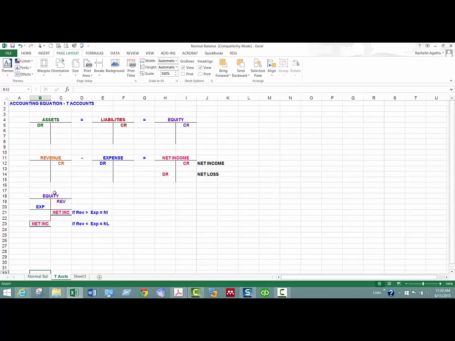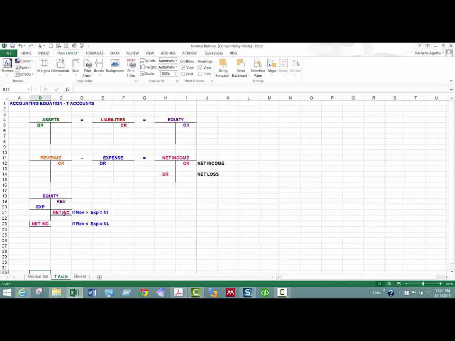And I show you here what happens to equity. Equity increases or decreases in a simple world based on revenue and expense. So notice equity is a credit account. So if revenue comes in and is closed out through equity, it increases equity. And then expense closes out through equity and it decreases equity.